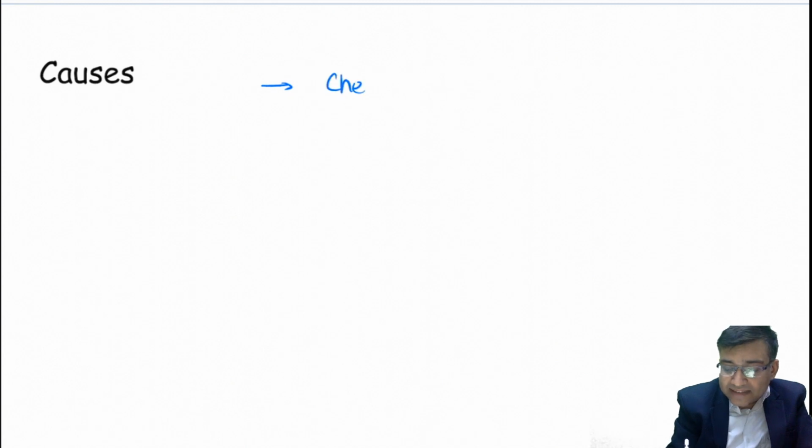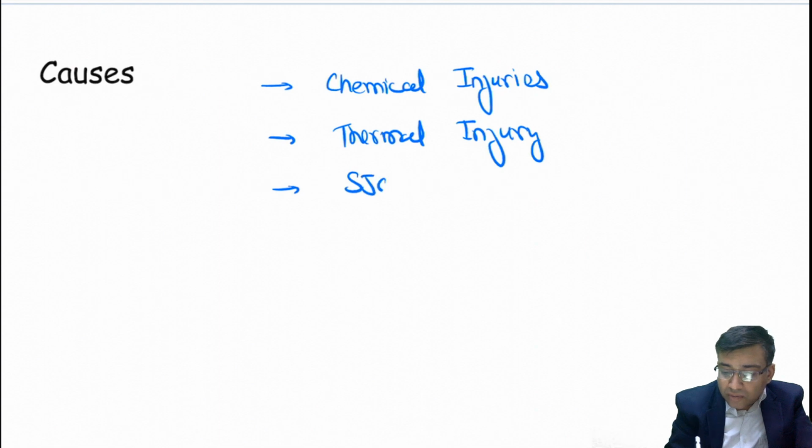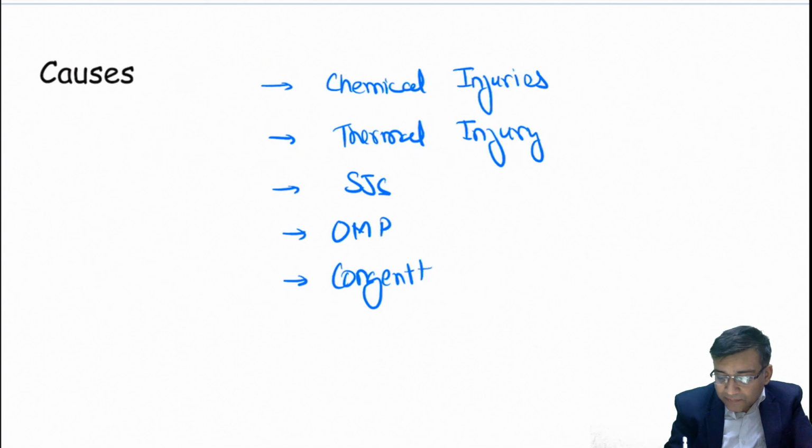Okay, your acid attack victims, your patients who are having a thermal injury, there also you can get it, and the papulosquamous disorders like Stevens-Johnson syndrome, ocular membrane pemphigoid, and also congenital ankyloblepharon can be there.